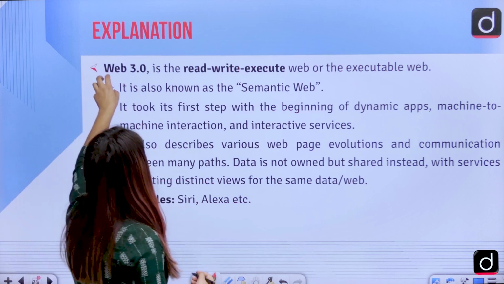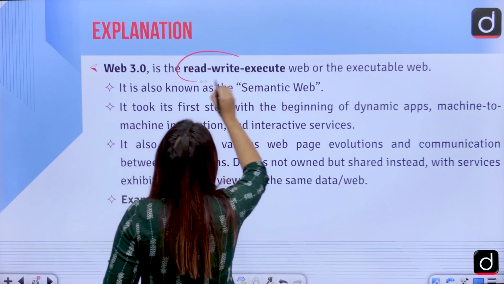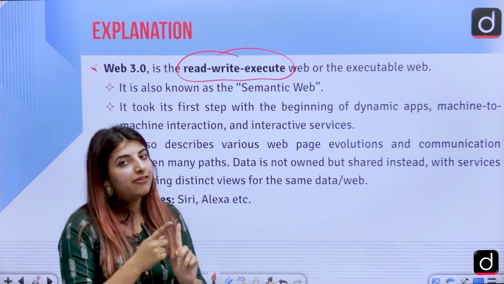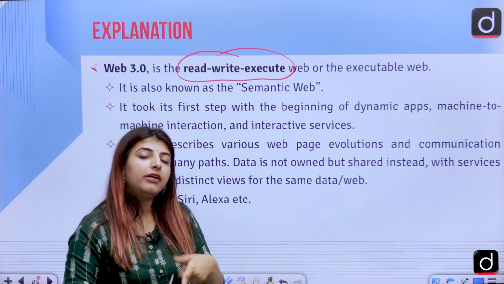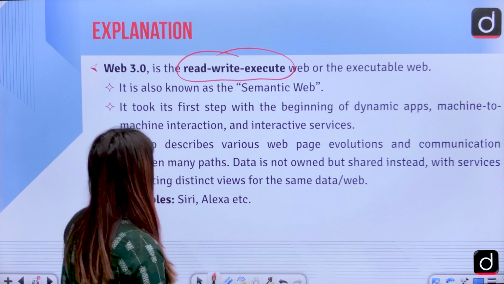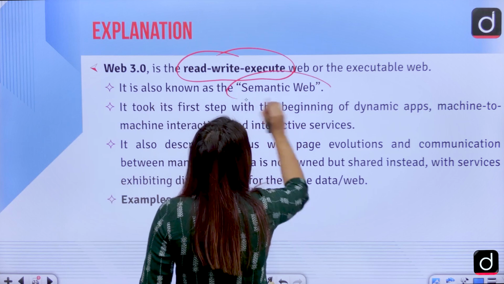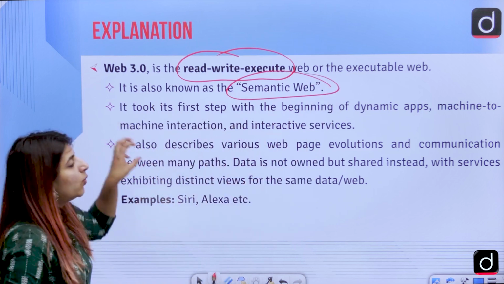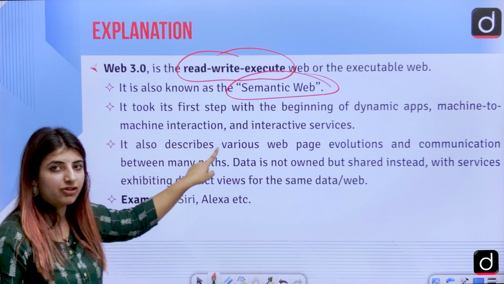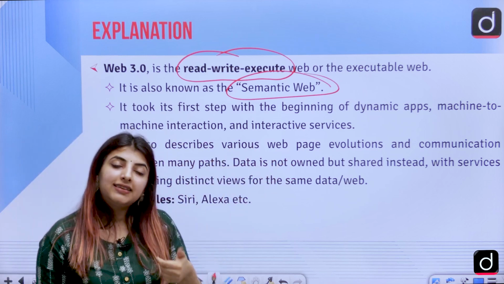Whereas Web 3.0 is something which is read, write and execute, right? So people, after participating, were also now trying to communicate with the machines which are there. Also known as the semantic web, with the beginning of dynamic apps, machine to machine interaction. For example, the AC remote.